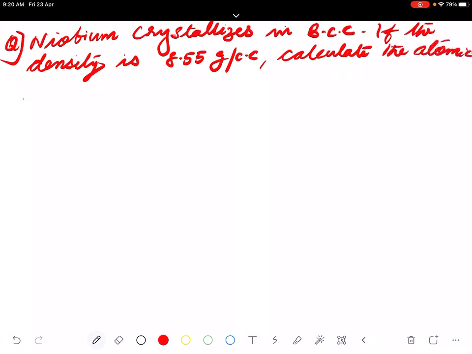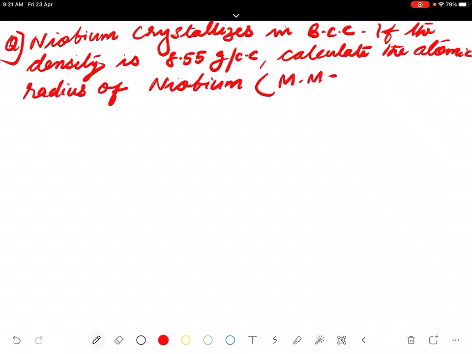Niobium's molar mass is given as 93 grams per mole. Sometimes they give atomic mass, then it would be 93 u.